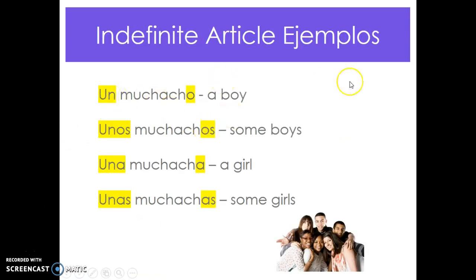Un muchacho, if I wanted to express a boy. Un muchacho. Un goes with O, right? Some boys, unos muchachos. A girl, una muchacha. Unas muchachas. Some girls.